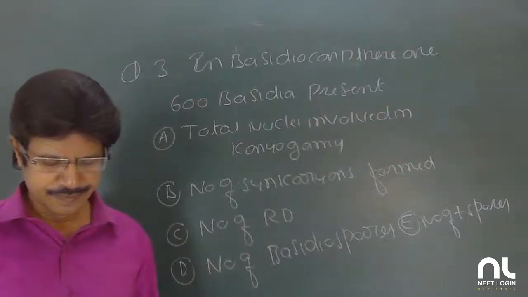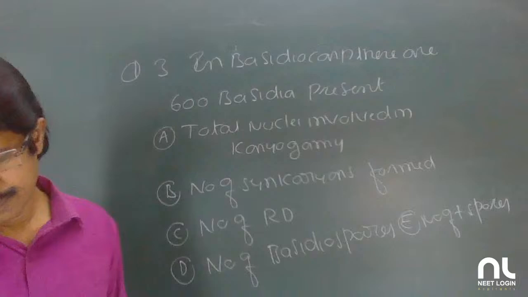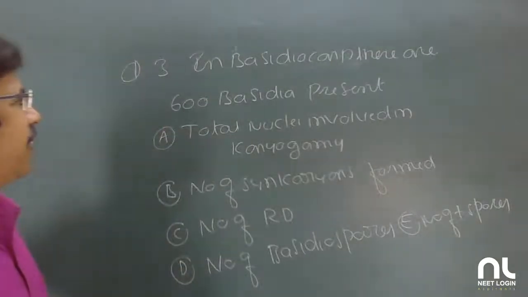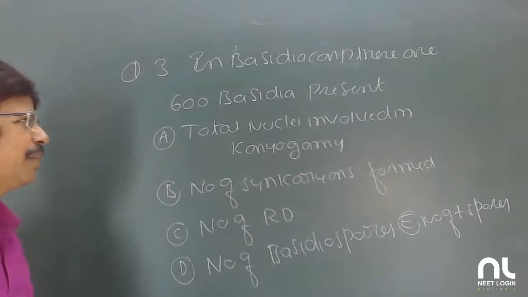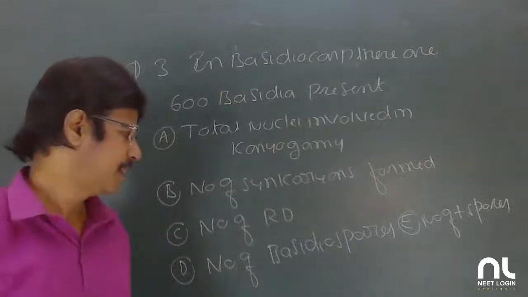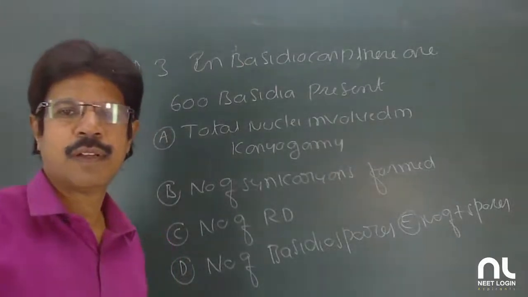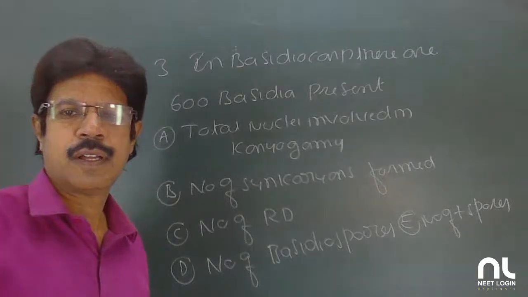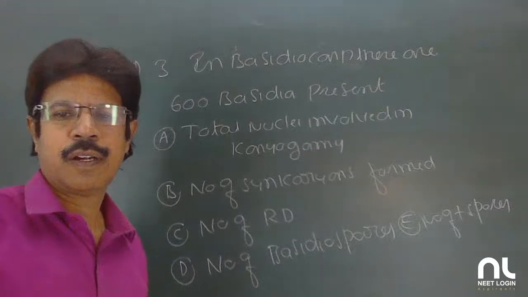Answer. In basidiocarp, there are 600 basidia present. If 600 basidia are present, total nuclei involved in karyogamy, how many?